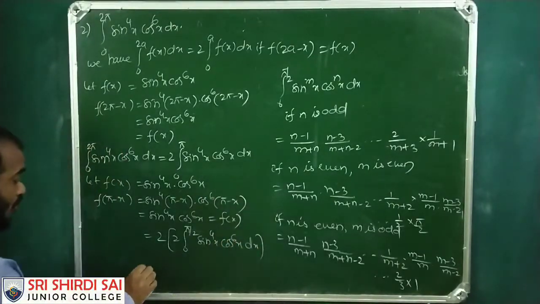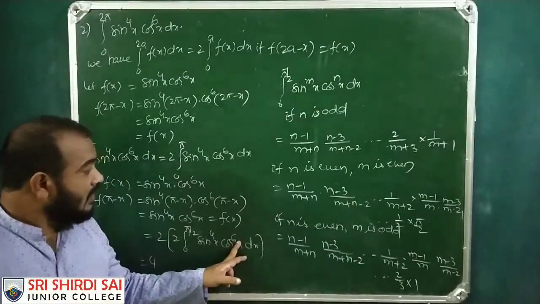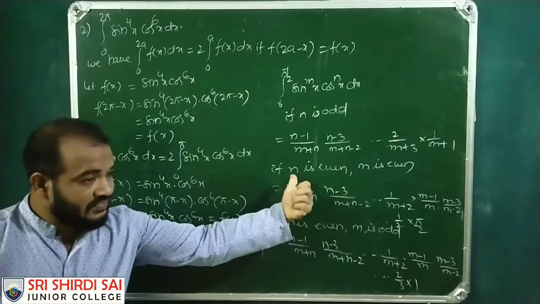Now we know how to do this. So 4 into n is even, m is even. So the case is this.